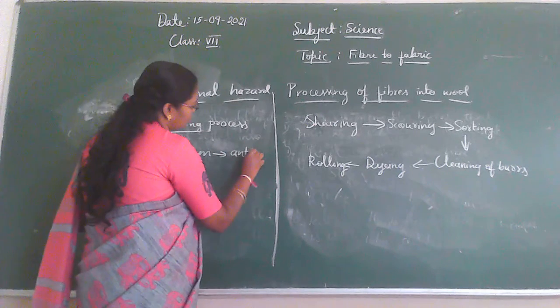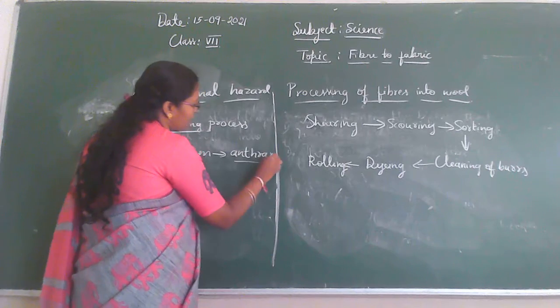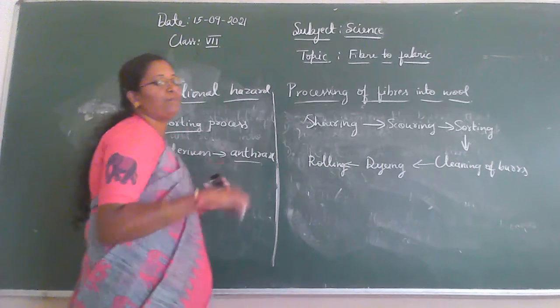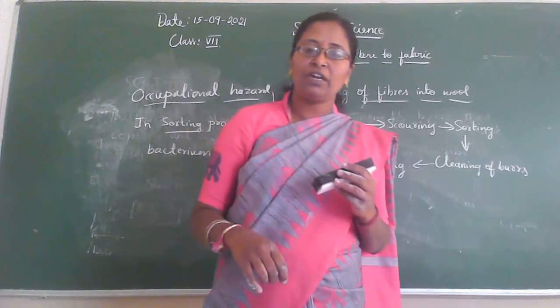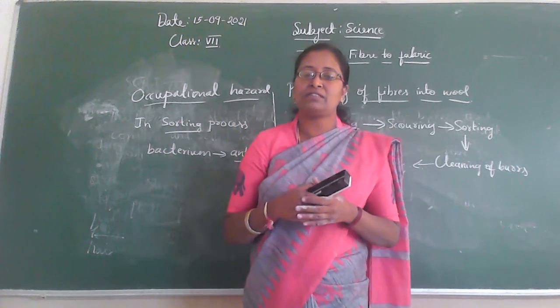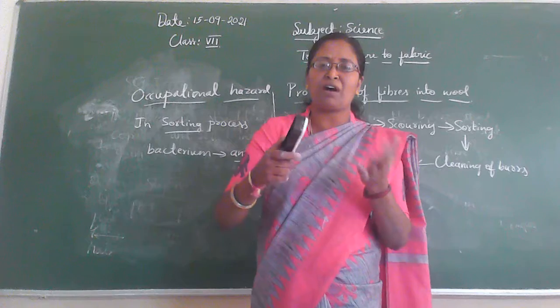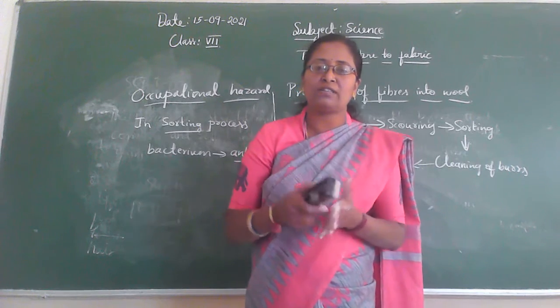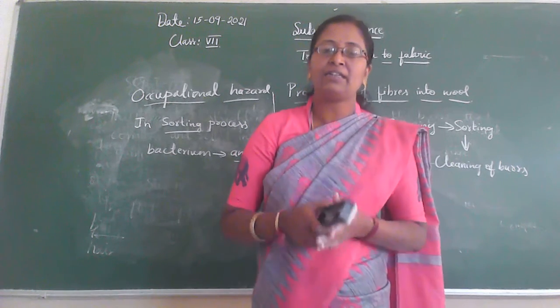This job is risky because the workers are affected by a bacterium called anthrax. Anthrax is a bacterium. It affects the workers of the wool industries, and causes a fatal blood disease.